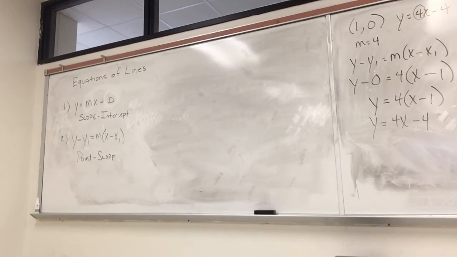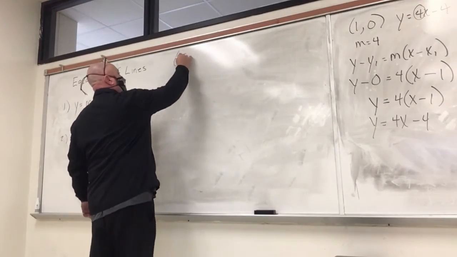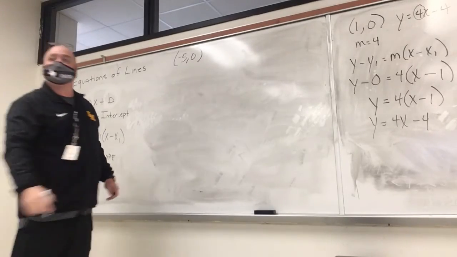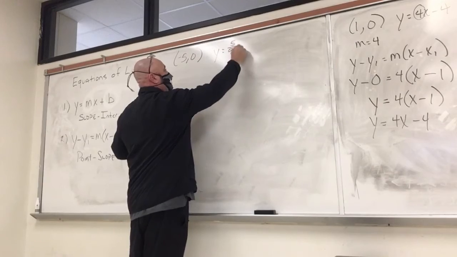All right, here we go. It says, write the slope intercept form of the equation of the line that passes through (-5, 0) and is parallel to y equals 5/9 x.